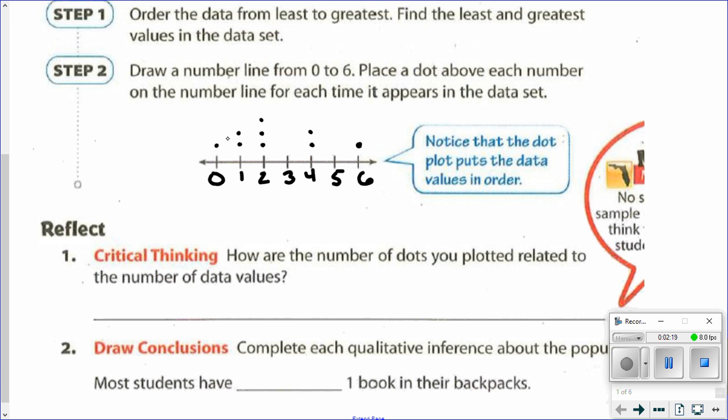So every student except 1 had 1 or more books. So I would say most students have at least 1 book in their backpacks. So this is an inference about students at the school based upon this sample. So we would say about the school that most students have at least 1 book in their backpacks.